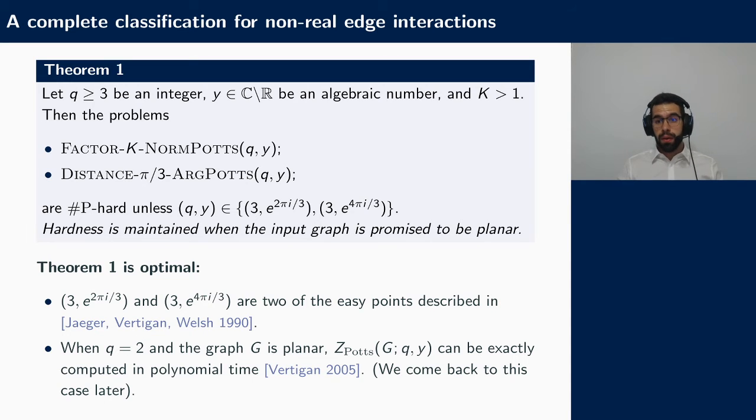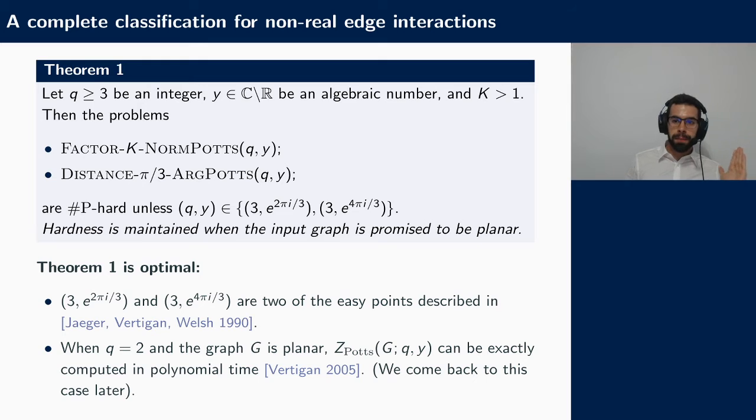So when the edge interaction is non-real, we show that these approximation problems are NP-hard, except in two cases, when q is 3 and the edge interaction is a root of unity of order 3. Actually, hardness is maintained when the input graph is promised to be planar, which will prove to be useful in the connections with quantum computation.